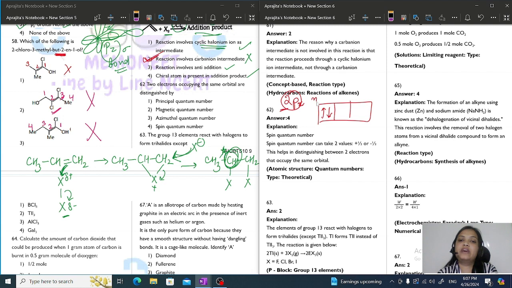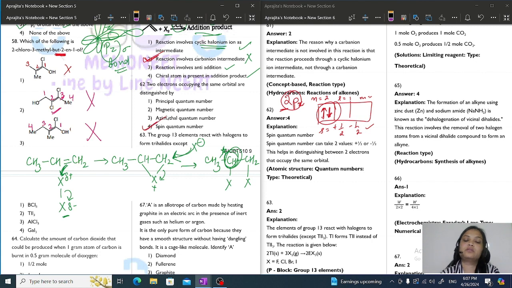So the value of n is 2, it's the same. The value of l is 1, it's also the same, and the value of m is also the same. So the value is differing in the spin quantum number, because one will have a positive spin and the other one will be negative. So the spin quantum number will be plus half or minus half. So they will have different values of spin quantum number. Other quantum numbers would be the same. So answer is option 4.